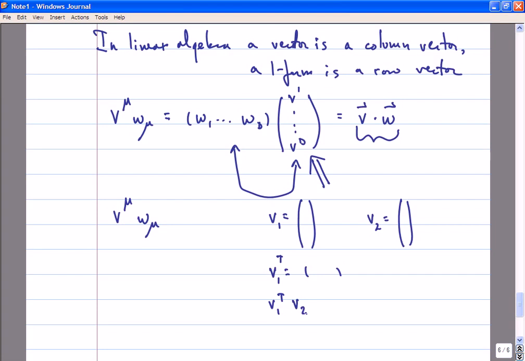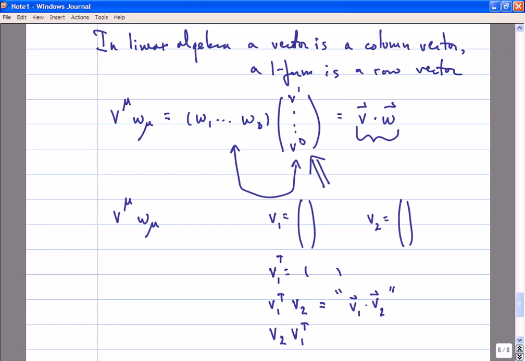That is what we usually refer to as v1 dot v2. But you could also try things like v2 times v1 transpose using the usual rules of matrix multiplication. The reason why I use index notation is because it's always completely clear exactly what I'm talking about.